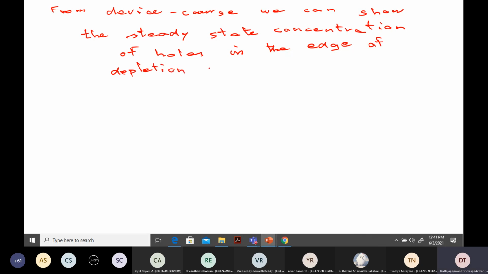What is this edge of the depletion region on the N side, in the N material? It is at x equal to xn. Steady state means a state where the concentration remains constant, independent of time.